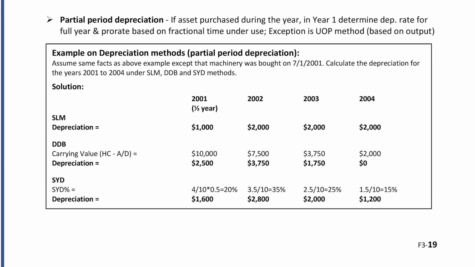So if the asset was purchased during the year, in the year 1, we need to determine the depreciation rate for the full year and prorate based on the fractional time under use. So you can look it up on your own, and let's move on and look at component depreciation versus composite depreciation.